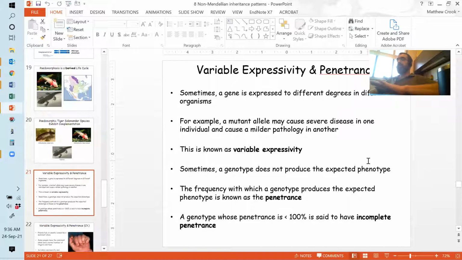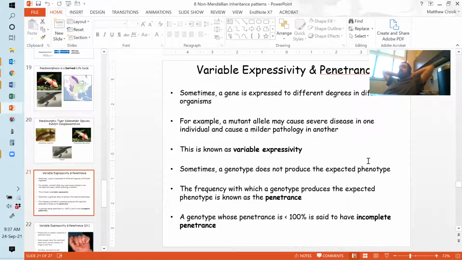But something that's also super funky is that you can have what's called variable expressivity or incomplete penetrance. These are two different shades of the same color, essentially. So variable expressivity: these are all individuals that have the same genotype, right?